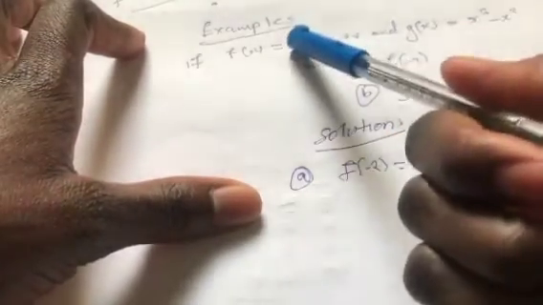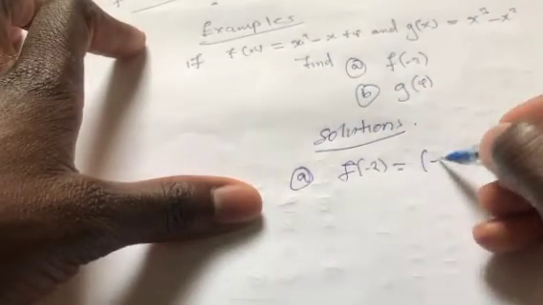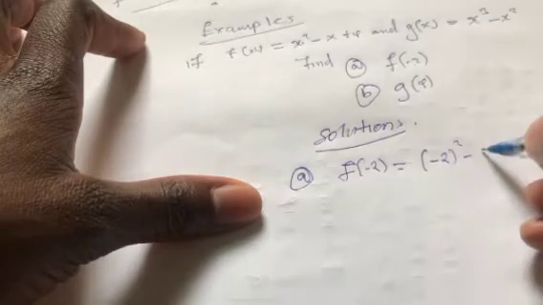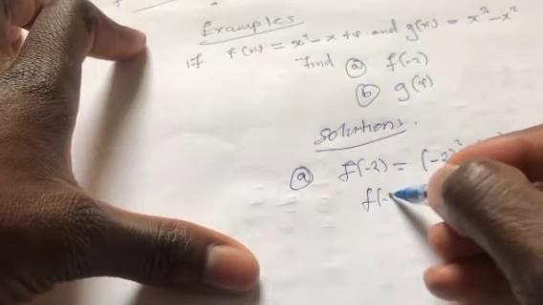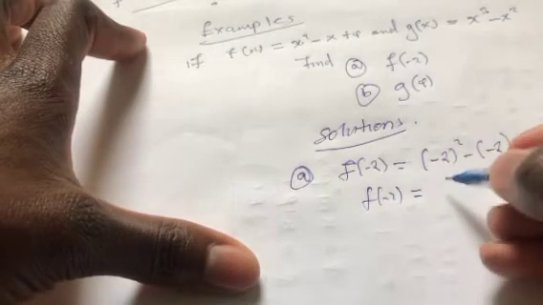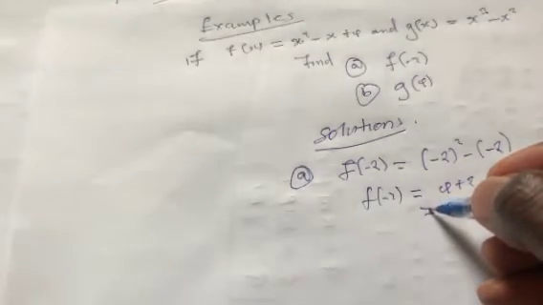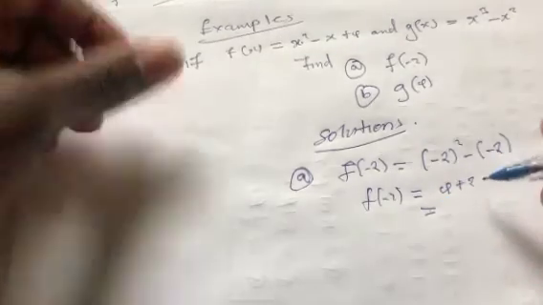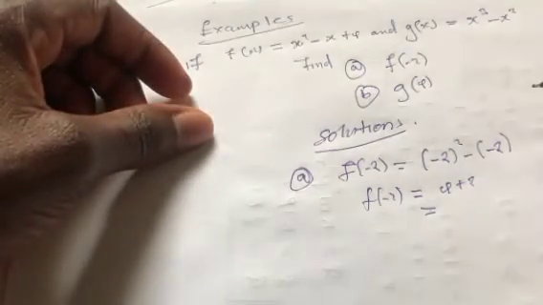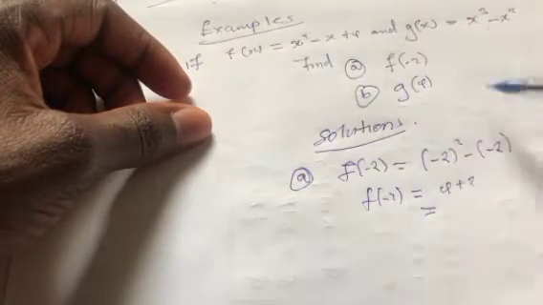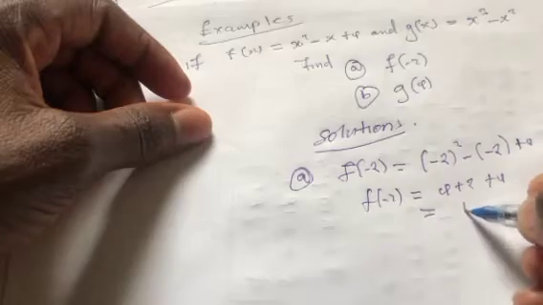You plug in the value of negative 2 where there is x, to be negative 2 square minus negative 2, and you'll be able to get f of negative 2 as 4 plus 2 plus 4. Sorry, I forgot one value here, which is 4. Add 4 here, so we're going to get 10.